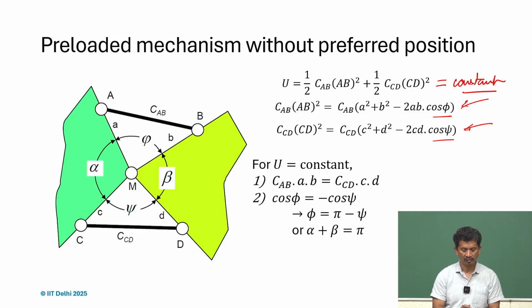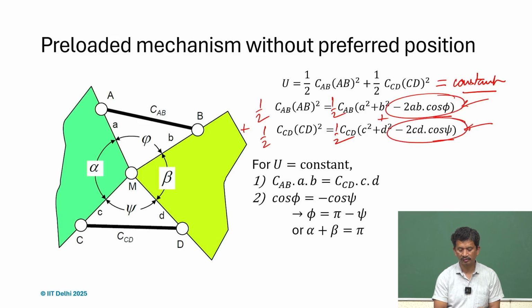If we put the half factors in and add them, we realize that these two parameters have to cancel. All the others are constant, not a function of the angle. So they have to cancel, which means one has to be positive and the other negative, and in magnitude they should be equal and opposite in sign.